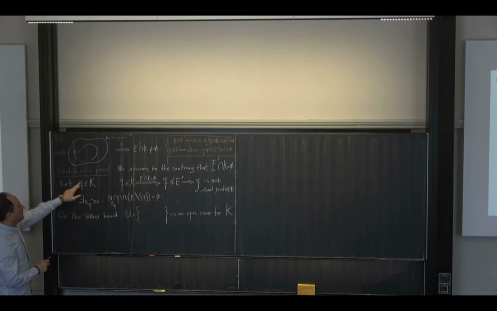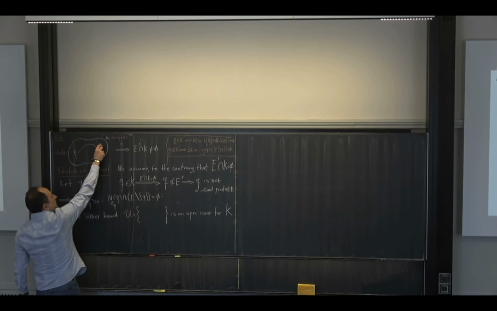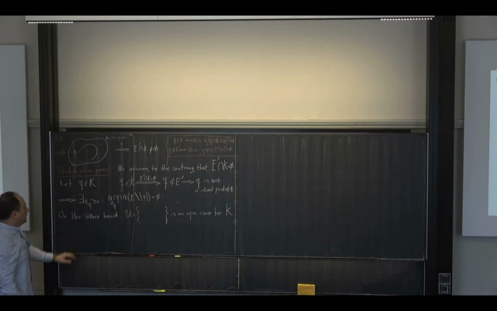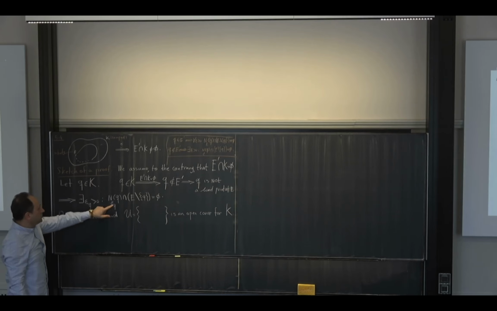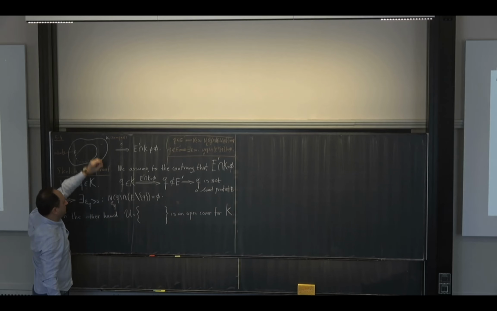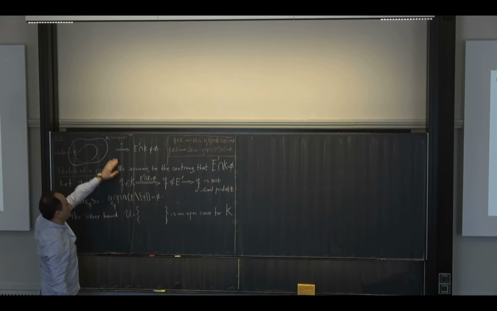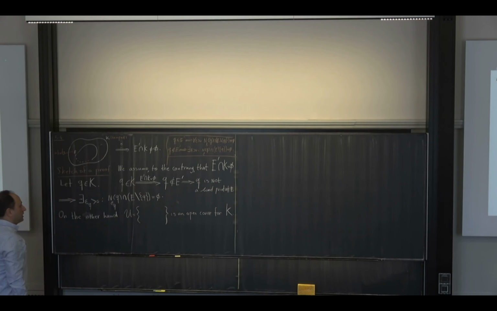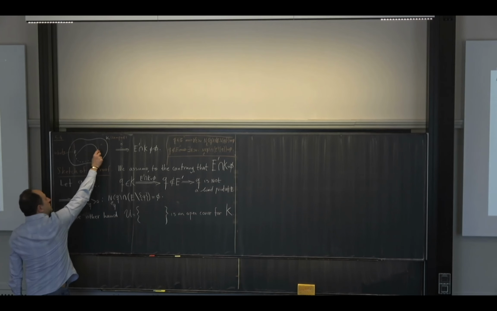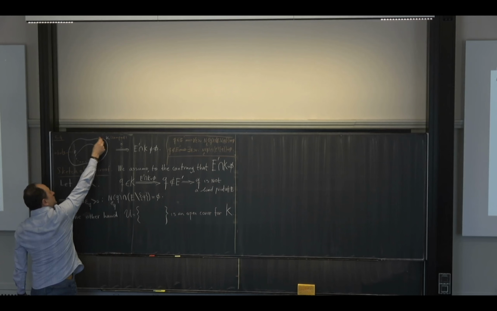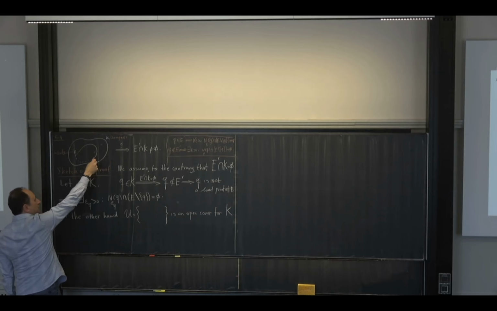I picked one Q in K and I grant the existence of a neighborhood around it so that it will not intersect with E minus Q. In this case, because Q is outside, it doesn't matter if I write E or E minus Q. So now I change this Q to this Q. This Q is also in K, and I do the same thing.